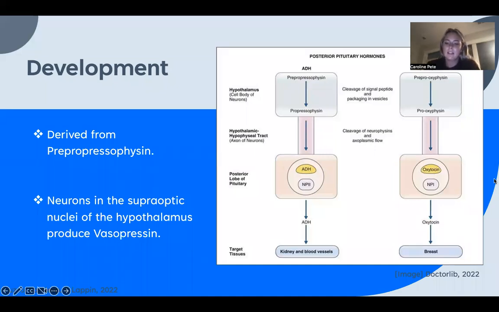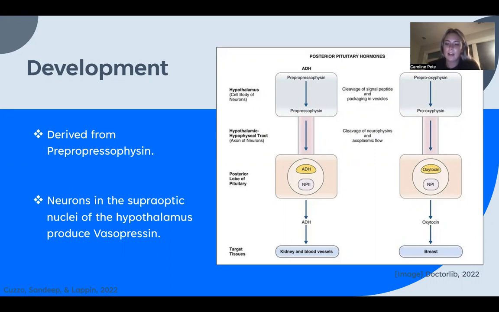So, getting into more details of the development of vasopressin, it is derived from the prohormone called prepropressophysin. This preprohormone contains a signal peptide, neurophysin 2, and a glycoprotein.